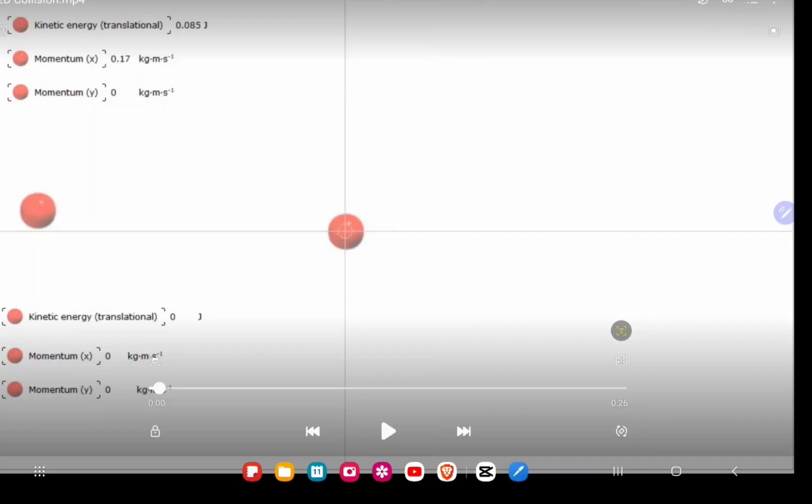Now let's see this model here. The kinetic energy for this object is 0.085 joule. The momentum on x is equal to 0.17 kilogram meter per second, and there's no momentum on y whatsoever. The other ball has kinetic energy equal to 0, and no momentum on x or y. Now, after the collision, let's see what's going to happen.